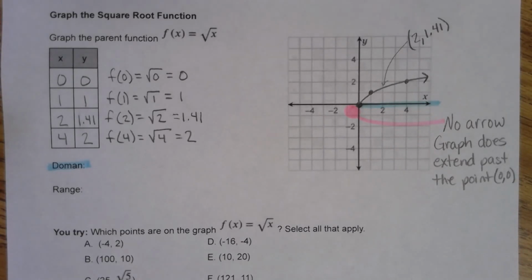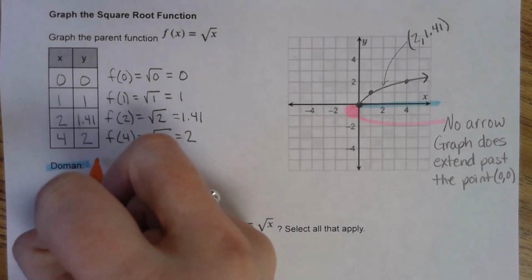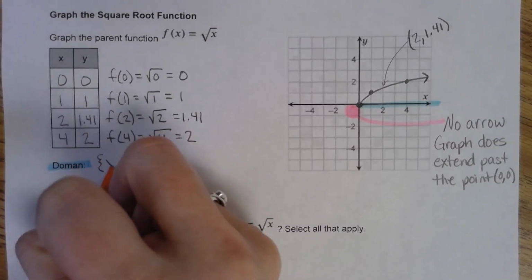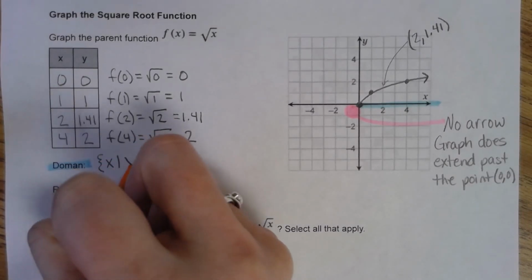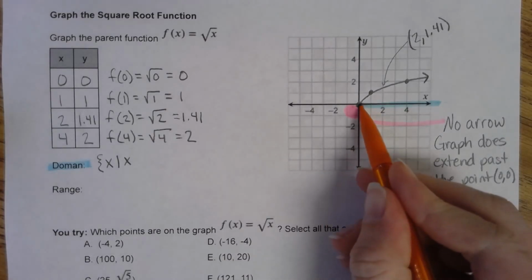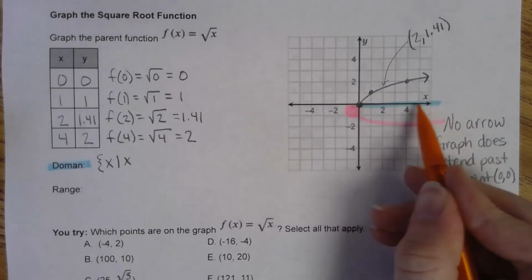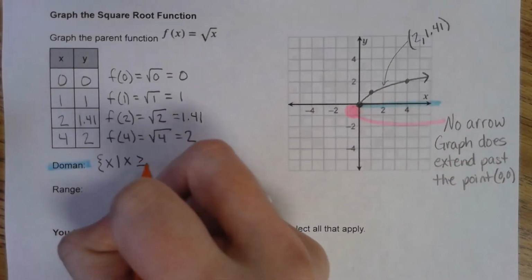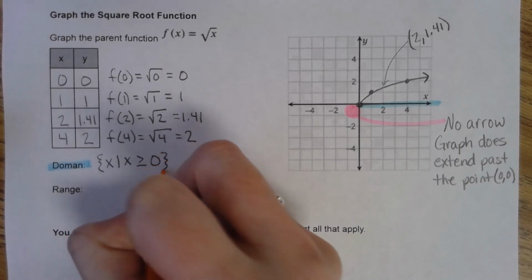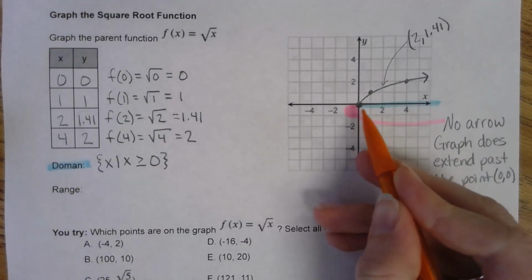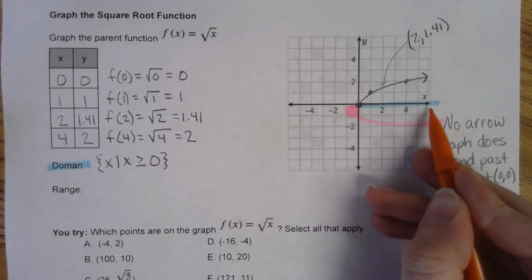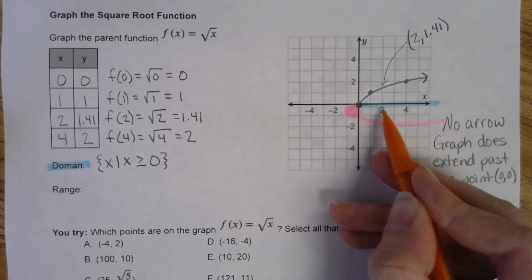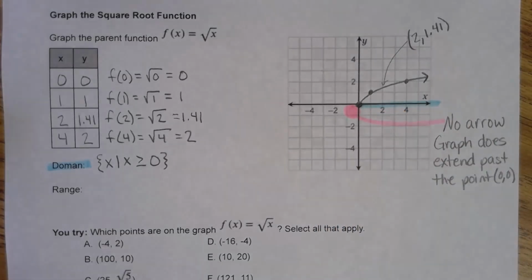So that is a positive infinity out in that direction. So for our domain, we're going to say the set of all x's such that x is greater than or equal to 0. Because 0 is our starting point, all of our x's are greater than or equal to that 0 value.